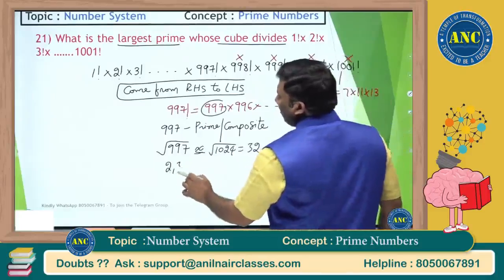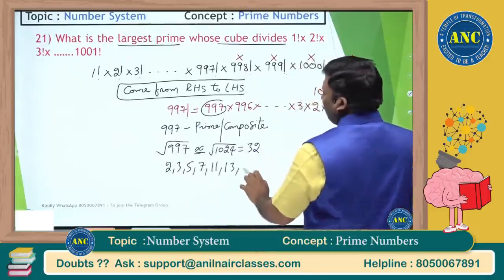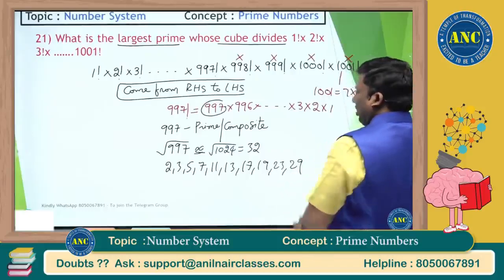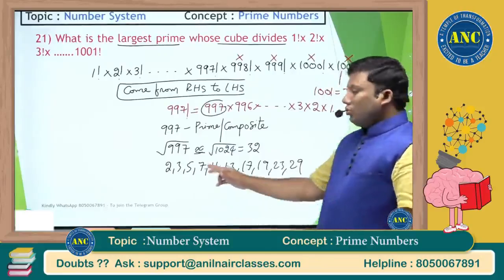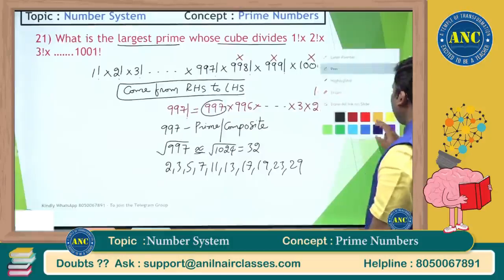Write all the prime numbers less than 32: 2, 3, 5, 7, 11, 13, 17, 19, 23, 29.